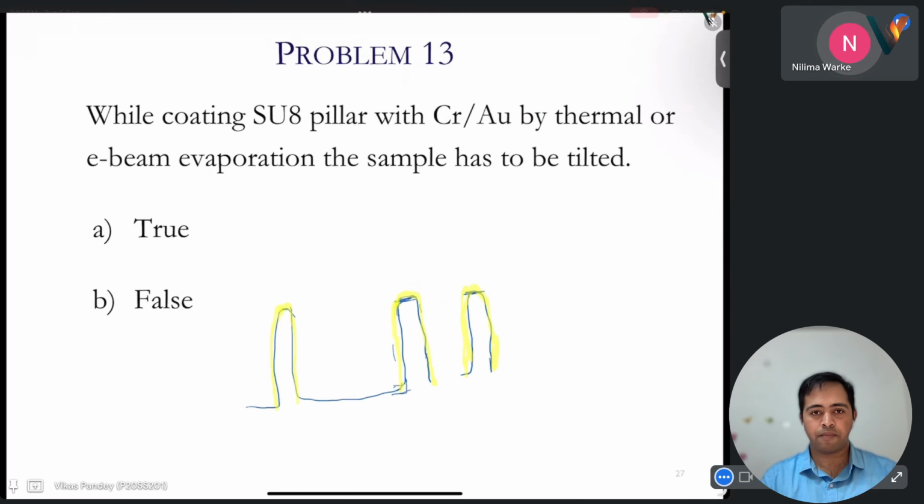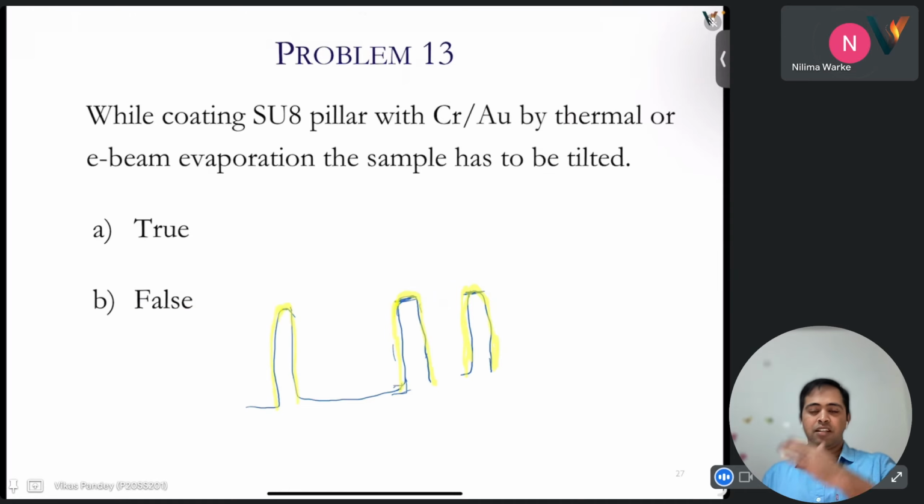I'm trying to understand what exactly it is. See, generally when we are depositing, the wafer is somewhere here and the metal is here, and this metal evaporates and gets deposited here.